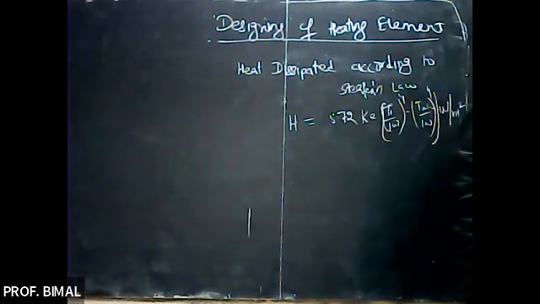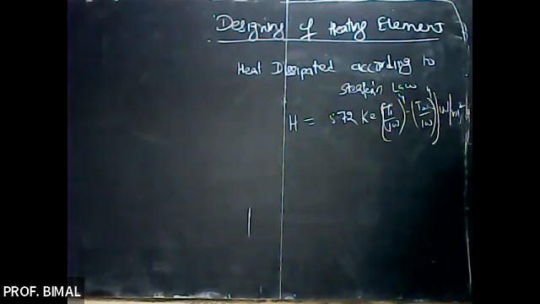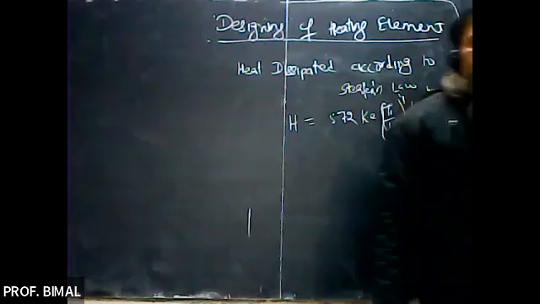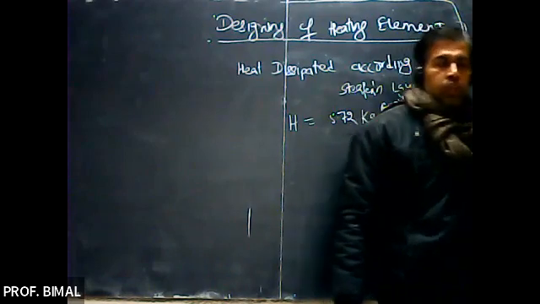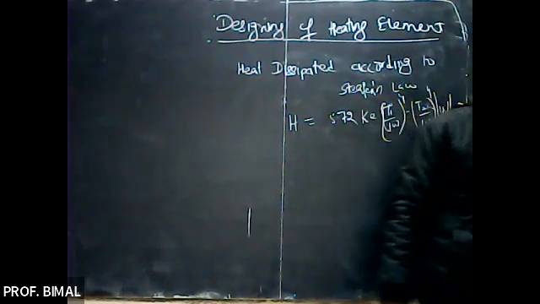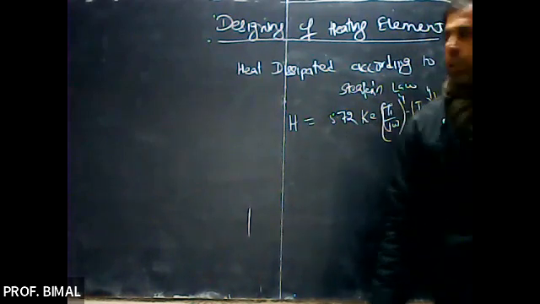Now we want to derive the relation between the radius and length of the heating element. For that, we know the electrical input.